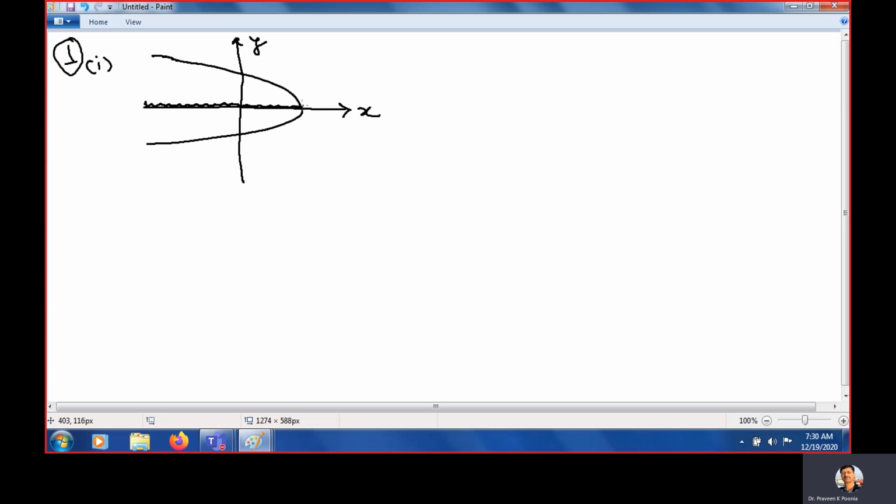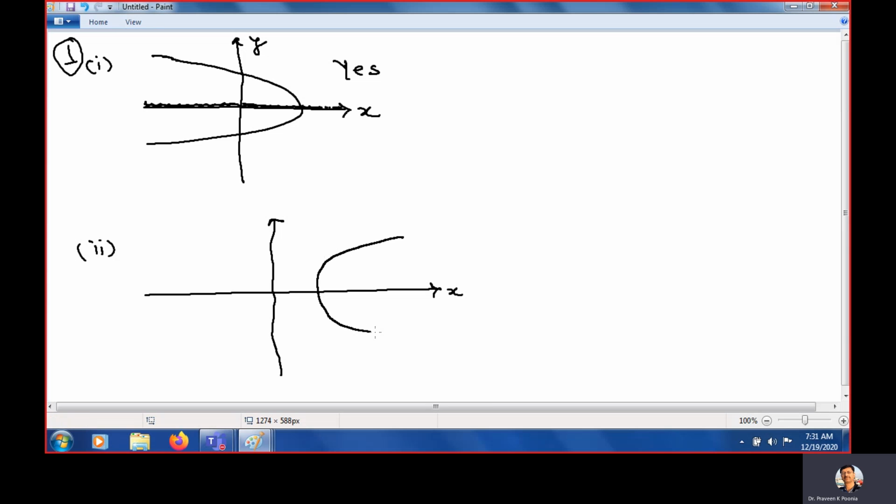Means the x-axis should act like a mirror. Since the x-axis is working like a mirror, this is symmetrical about the x-axis. Now we will take another graph. It should be the same above and below the x-axis. If it is the same, it is symmetrical about the x-axis, otherwise not symmetrical.